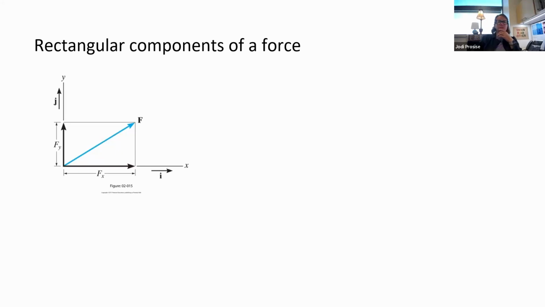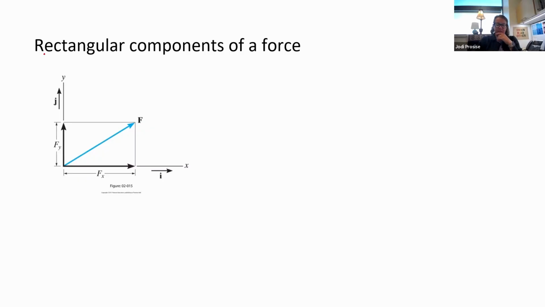So, how do we use this new knowledge of a right triangle and understanding of how to put vectors together and to define a resultant force to be able to define what we call the rectangular components of a force? Because this will make things a lot easier in the future for us as we get into more complex systems.